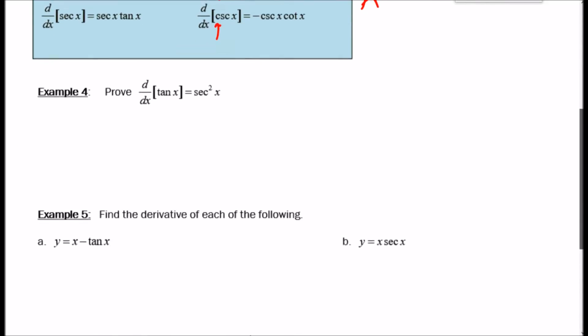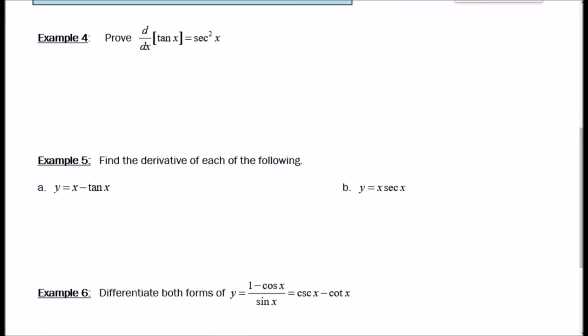Now, let's take a look at the proof that the derivative of tangent x equals secant squared x. What we want to do first is rewrite the tangent x in terms of sine and cosine. So tangent x is equal to sine of x over the cosine of x. Now if I want to differentiate this, I've got to use the quotient rule.